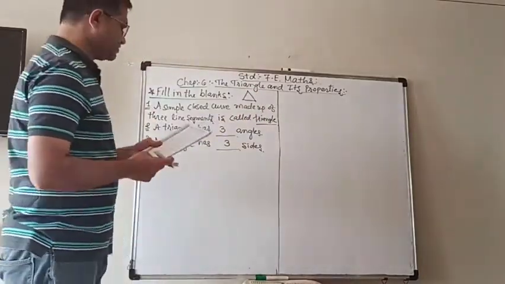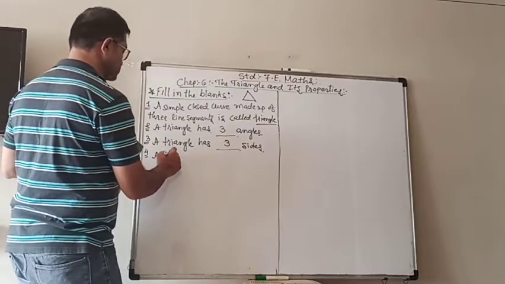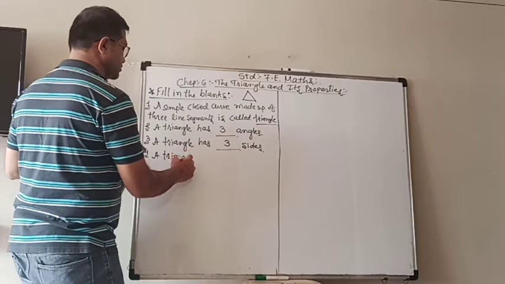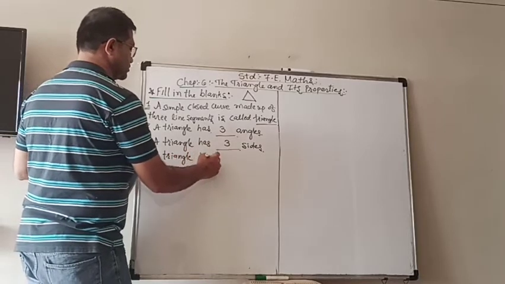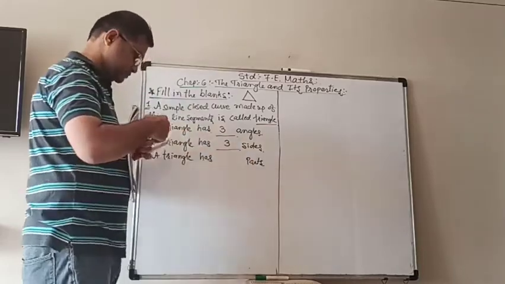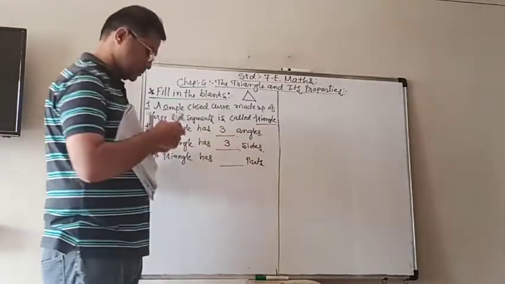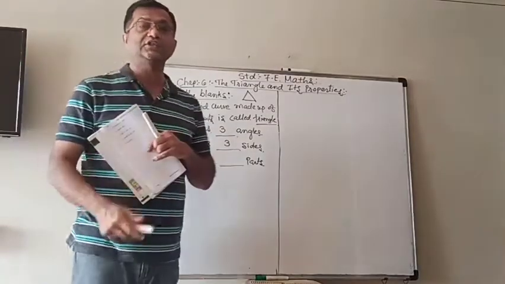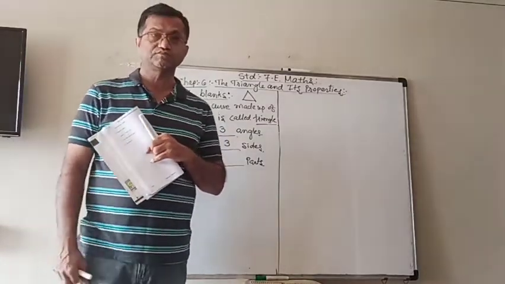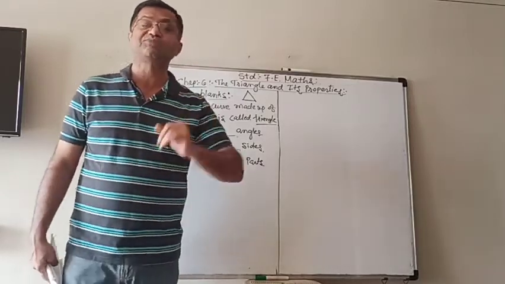Next, a triangle has dash parts or components. I explained in the beginning of this chapter that a triangle has 6 parts.